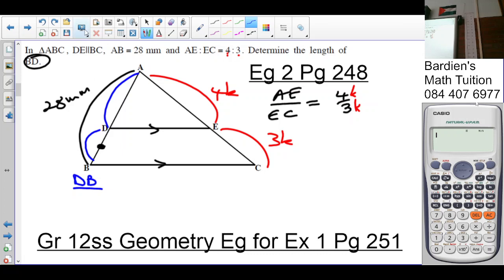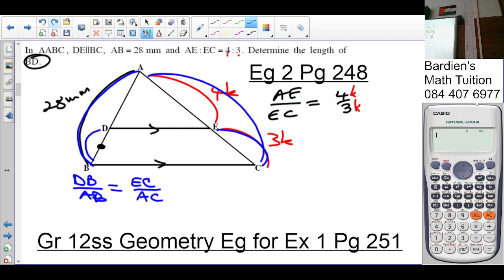But we know what AD is. So AB. So DB over AB is equal to, I must go the same side here, EC over AC.